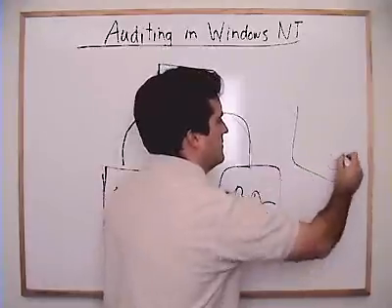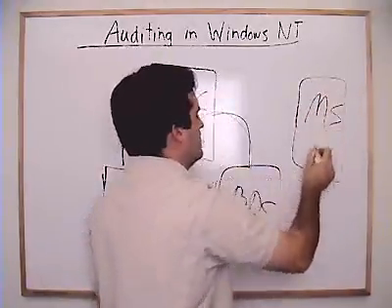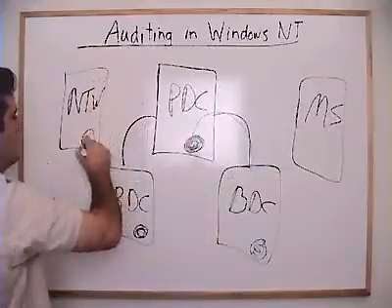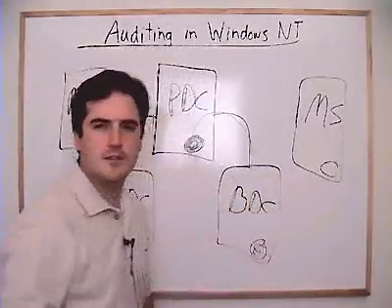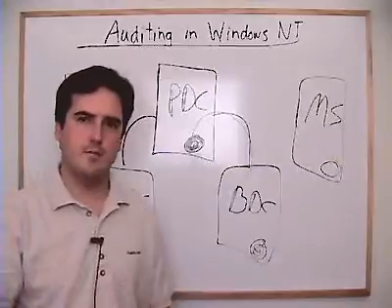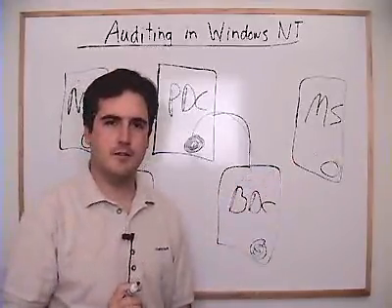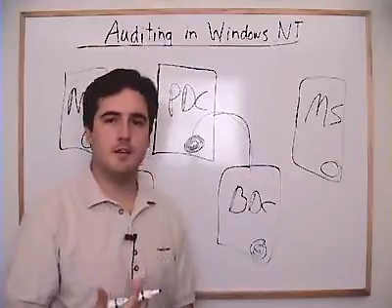For the member server or the NT workstation, their directory service databases are standalone. Now, a member server is simply an NT server that has not been configured to be a domain controller.